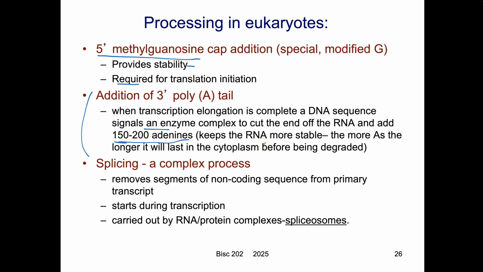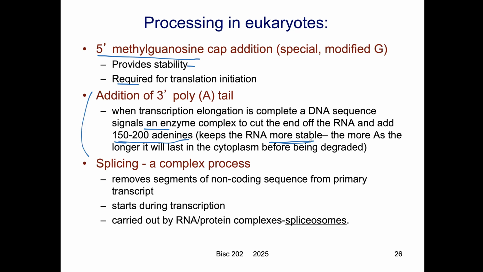And again, this keeps it stable. If there are nuclease enzymes out in the cytoplasm of the cell, if you have a really long poly A tail, then you can be translated many times before the nucleases start chewing up the RNA, because these start at one end of the molecule, usually the 3' end, and they just remove nucleotide after nucleotide. So it's required for stability.